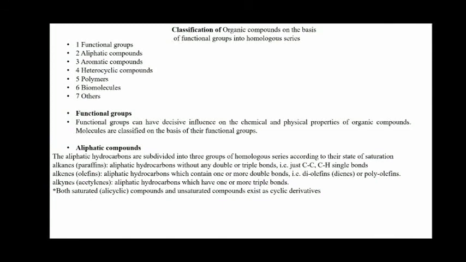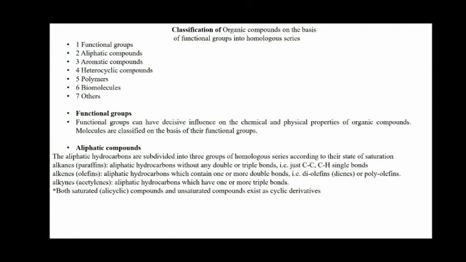Then alkenes, said to be olefins, are aliphatic hydrocarbons which contain one or more double bonds. This includes dienes or polyolefins. Next, alkynes, which can be called acetylenes due to the presence of a triple bond.